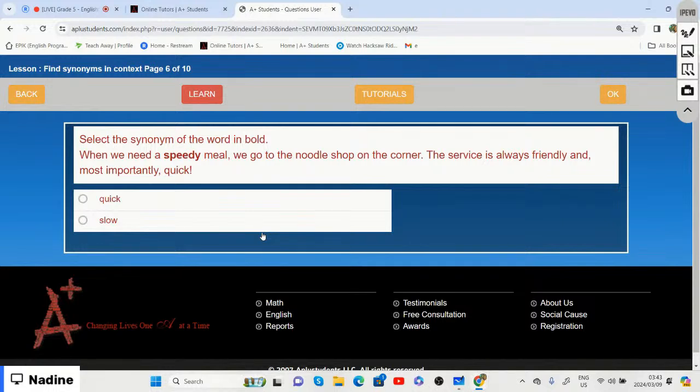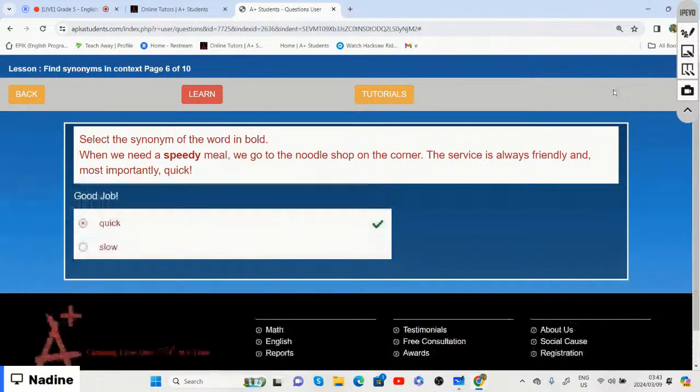So if we look at the synonym of speedy, meaning that it is very quick. Yes, quick it is. So well done.